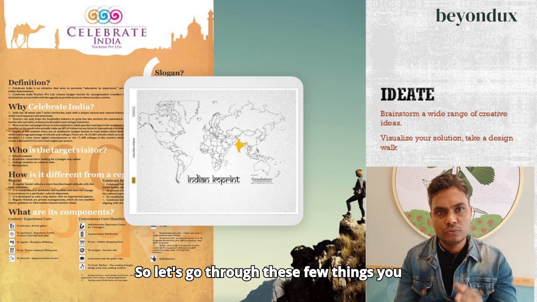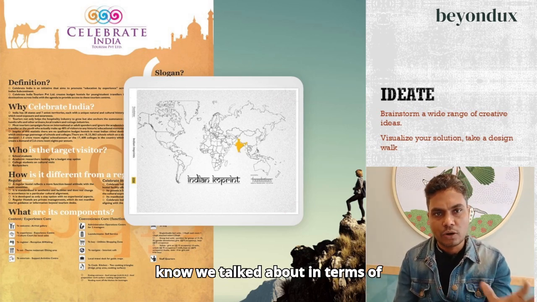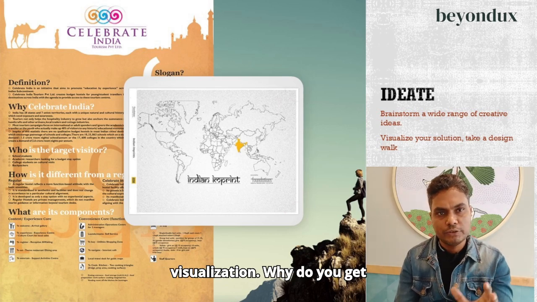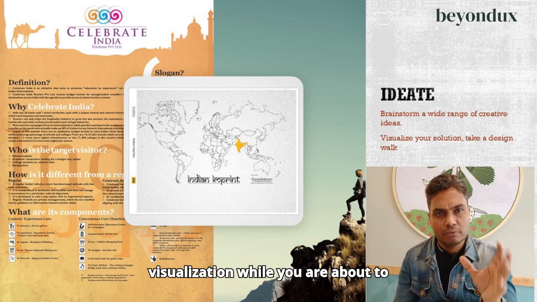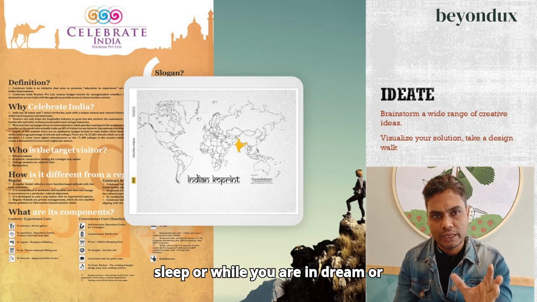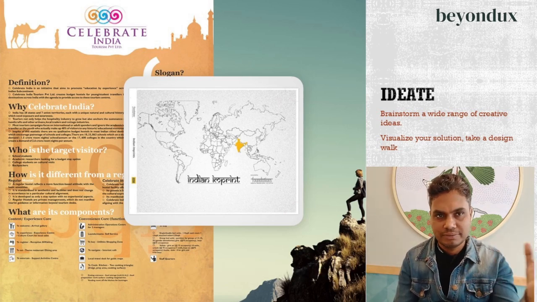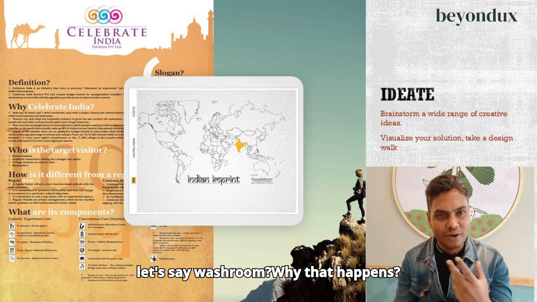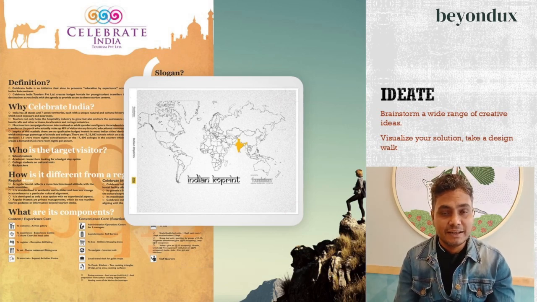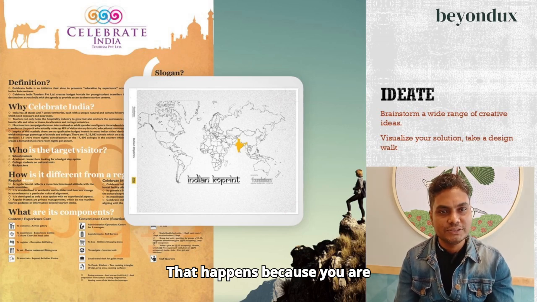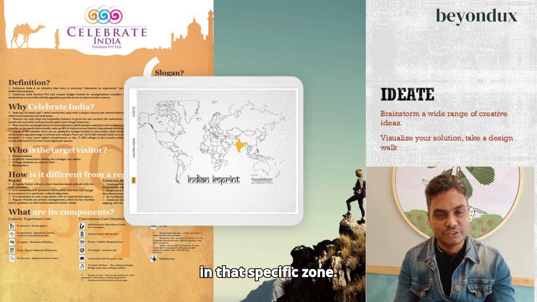So let's go through these few things we talked about in terms of visualization. Why do you get visualization while you're about to sleep, or while you are in a dream, or while you're showering, or while you are in, let's say, the washroom? Why does that happen? That happens because you are in that specific zone.